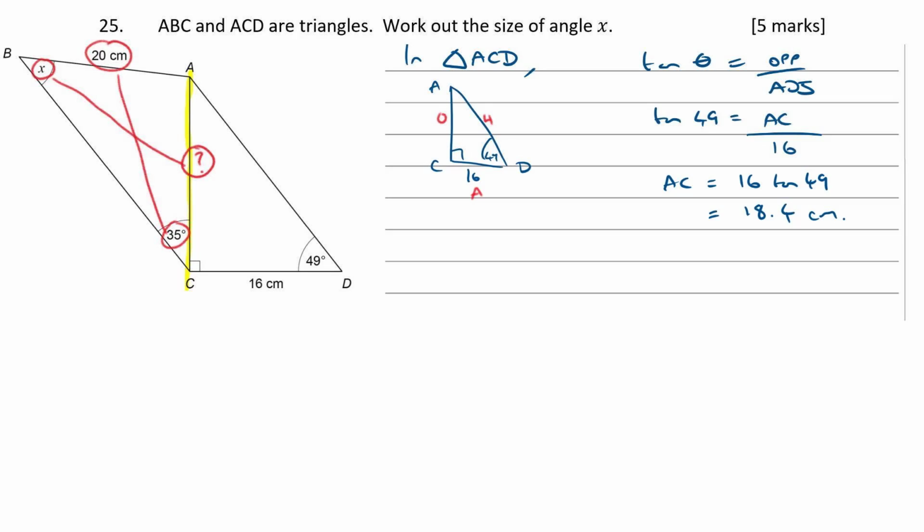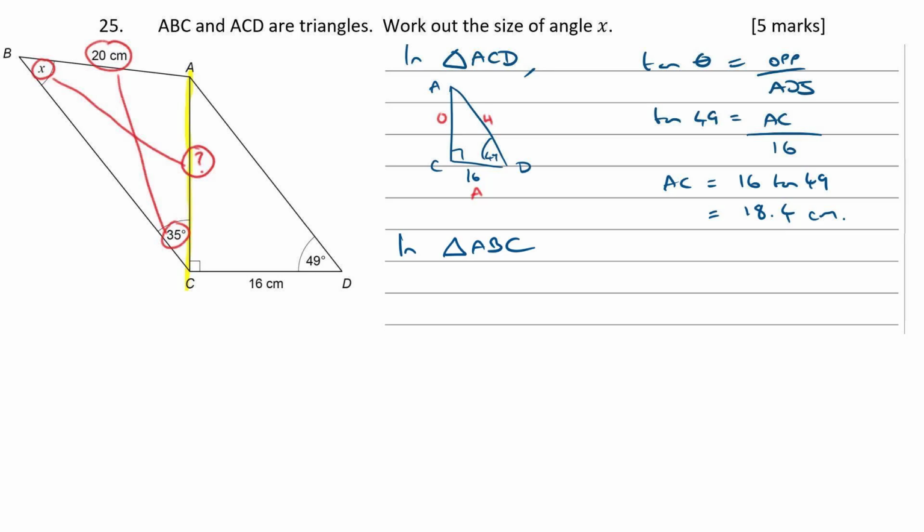Okay, so now I know AC, I can then go on to use the sine rule in triangle ABC, can't I? So I'm going to switch now to triangle ABC. Let's quickly sketch that out as well. So I've got my triangle, looks a bit like this. What do I know?